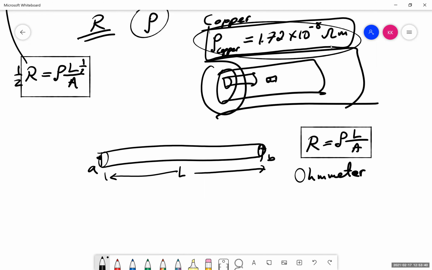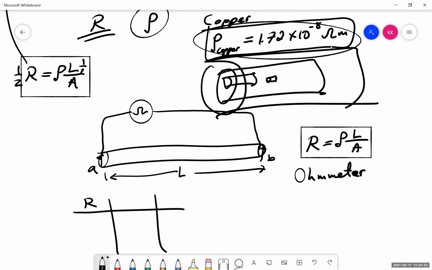That means, for example, if I have an ohmmeter, and the symbol for the ohmmeter is like this, and I connect to points A and B, here's my data table. This is the resistance, and this is the length. When the length is, say, LAB, what is the resistance?